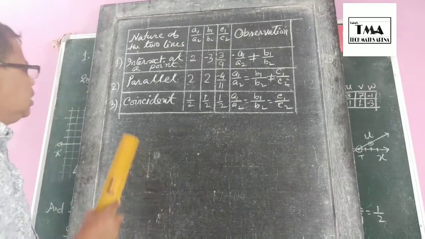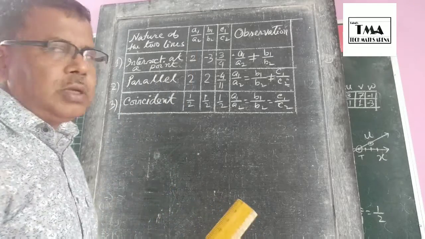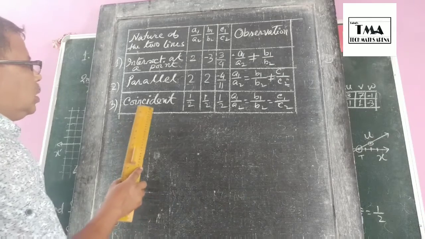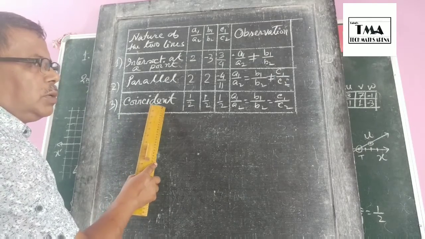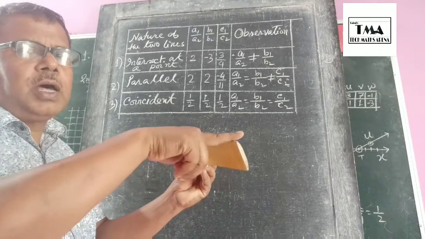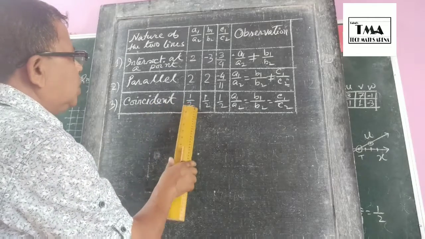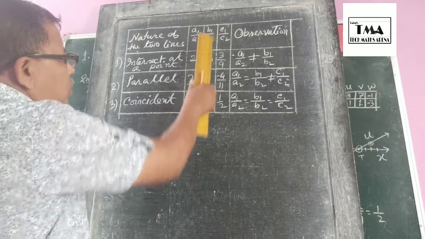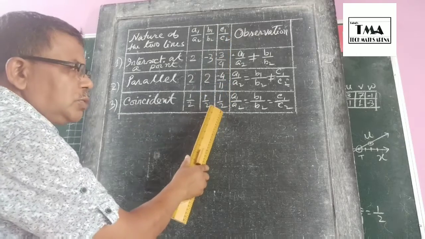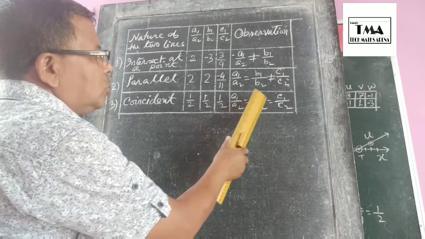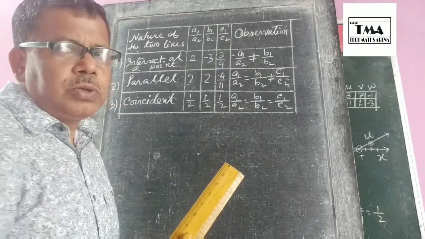And now finally, from the third pair of linear equations, the lines are coincident, means one line is above the other. Okay, coincident. And here the ratios we have got are a1 by a2, 1 by 2, b1 by b2, 1 by 2, c1 by c2, 1 by 2. That is a1 by a2 is equal to b1 by b2 is equal to c1 by c2.